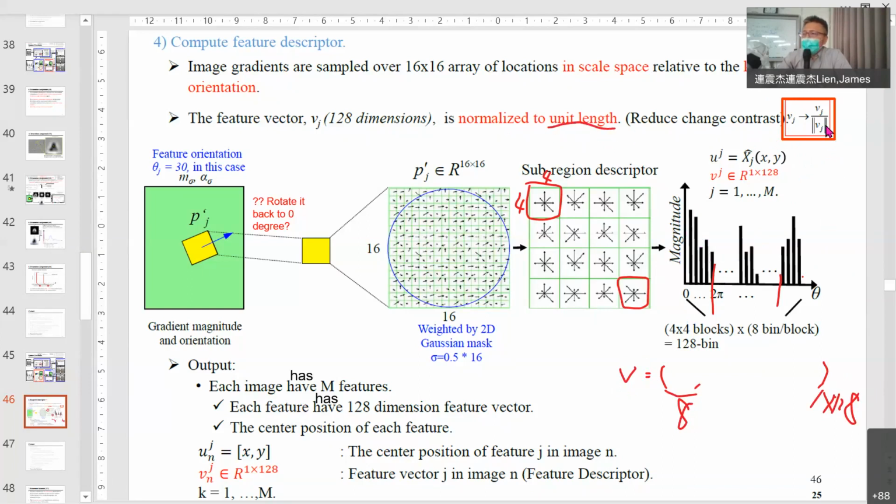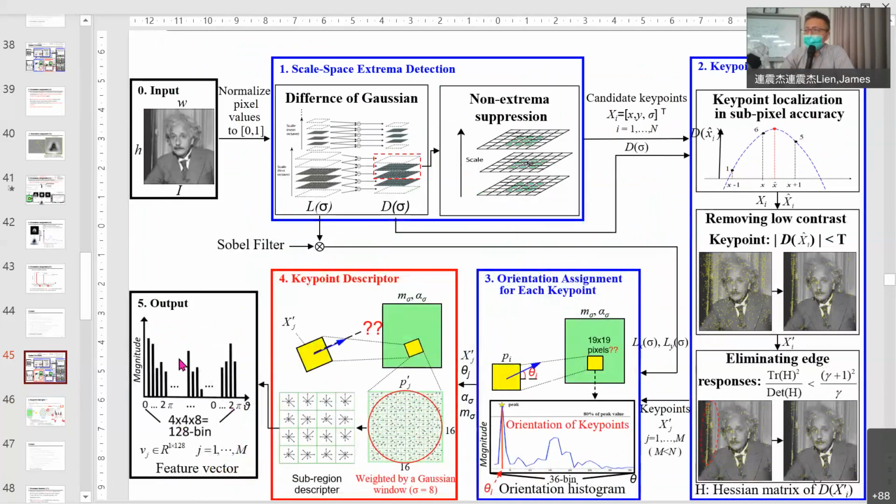So you divide by the summation, normalize, so it becomes a unit vector. Each one is a unit vector. That's the result.